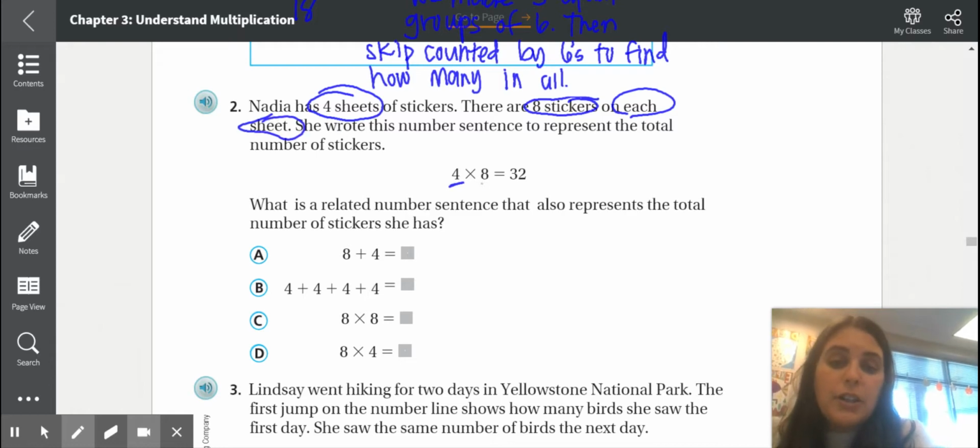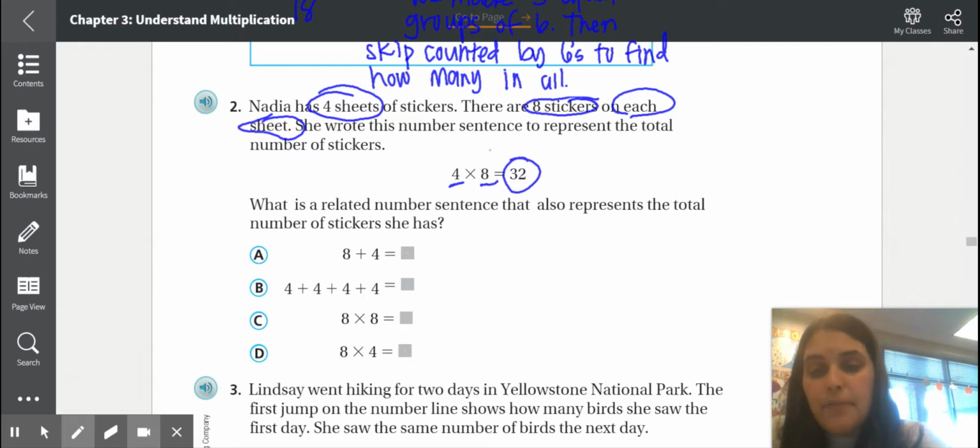So that's why she did 4 times 8 to get 32. What is a related number sentence that also represents the total number of stickers? So we know that we can just do 4 times 8 to get the total. But what else down here could also get us to 32?